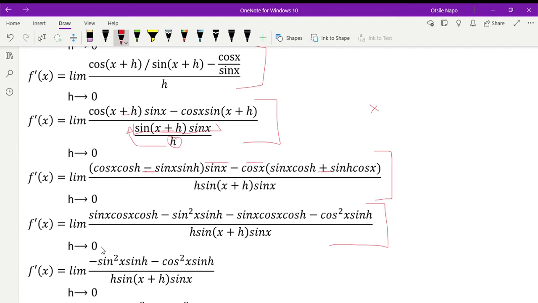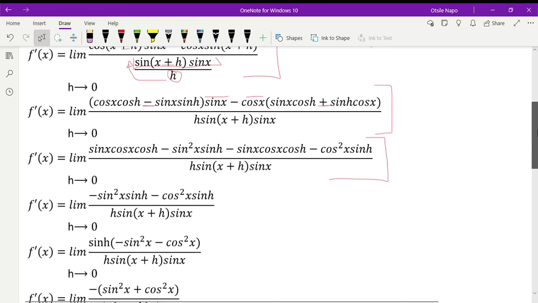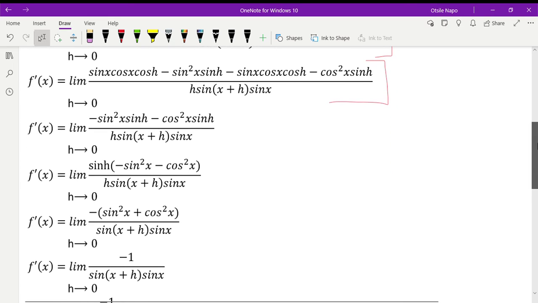Then we look for common factors to add or cancel. One common factor we can identify is sine x cos h, and because on this side we have the same, but with different signs, they are going to cancel.